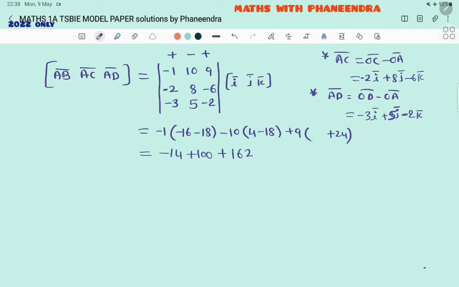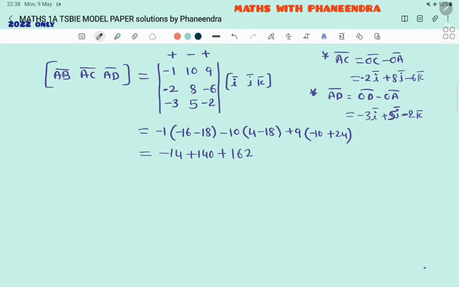So 9 into minus 10 plus 24. So minus 14, this will be okay. 4 minus 18 is minus 14, into minus 10, plus 140.